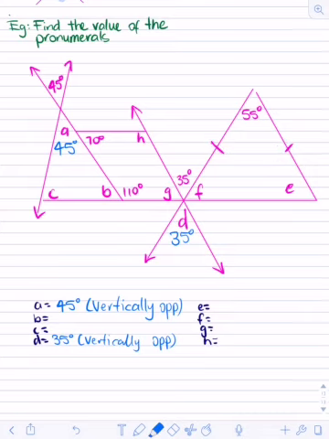Now, an isosceles triangle has two main features. The first feature is that the isosceles triangle has equal sides on two of its sides, and the second feature is that the bottom two angles will be equal. Now, we already know that that whole triangle has to add up to 180 degrees.